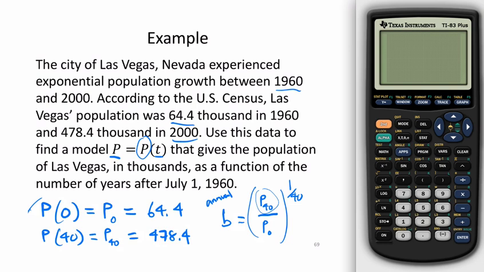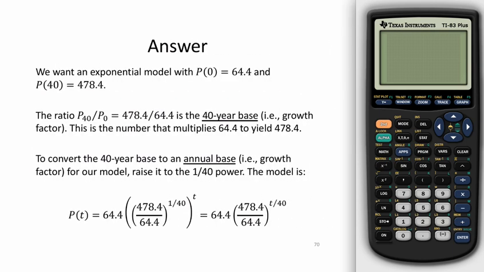So let's write that down. I'll actually write it down on the next slide. So let's advance. So here it is. That right there in the big parentheses is the base, the annual base. It's 478.4 divided by 64.4, raised to the 1/40th power.